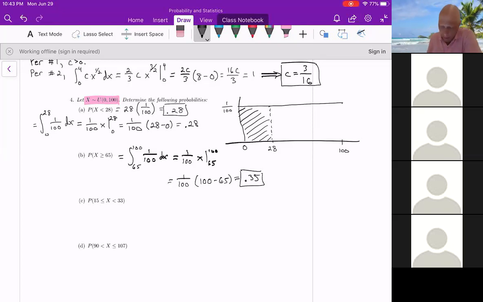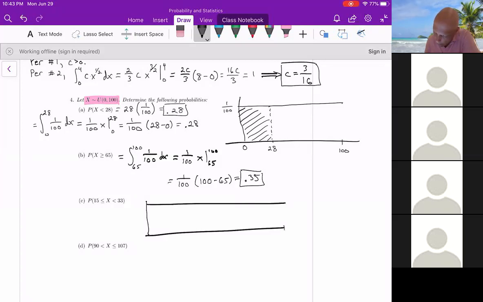Let's see, so to do this one, again, you could do it geometrically or integration. Let's go with the geometric one for this perspective. This is going from 15 to 33, and I realize I'm not quite to scale, but you get the general idea. And we want this region here.